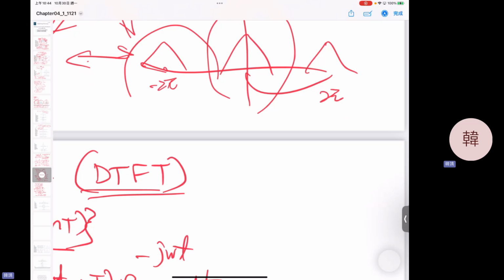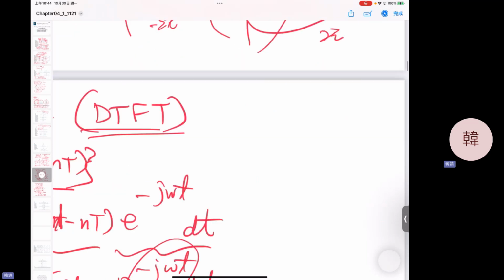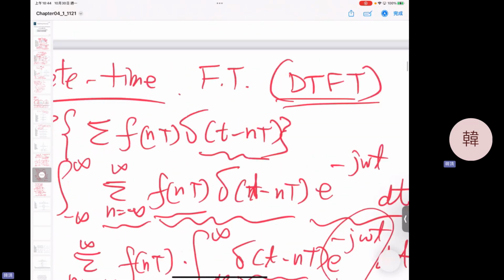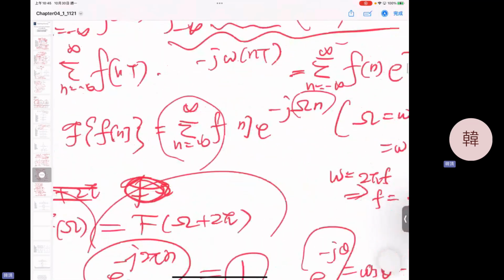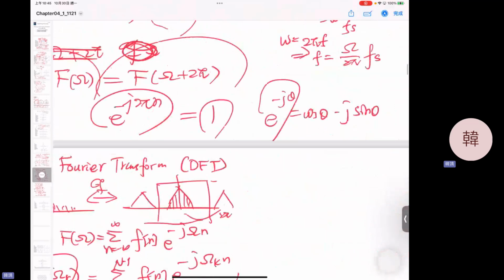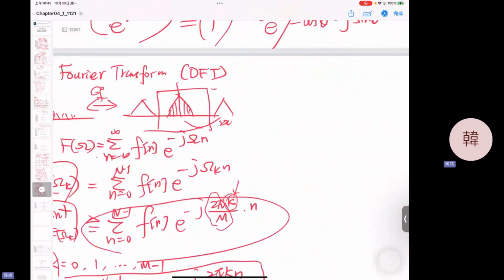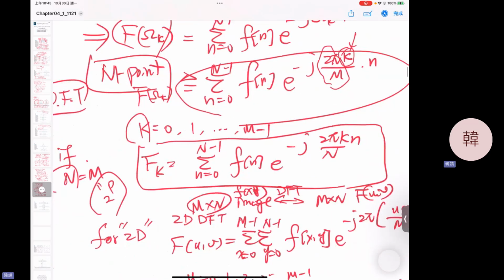But we are going to use our computer to do it. Later on I will teach you how to use it. You discretize your image, and your frequency spectrum becomes a nice spectrum in the frequency domain, and this is the discrete Fourier transform.